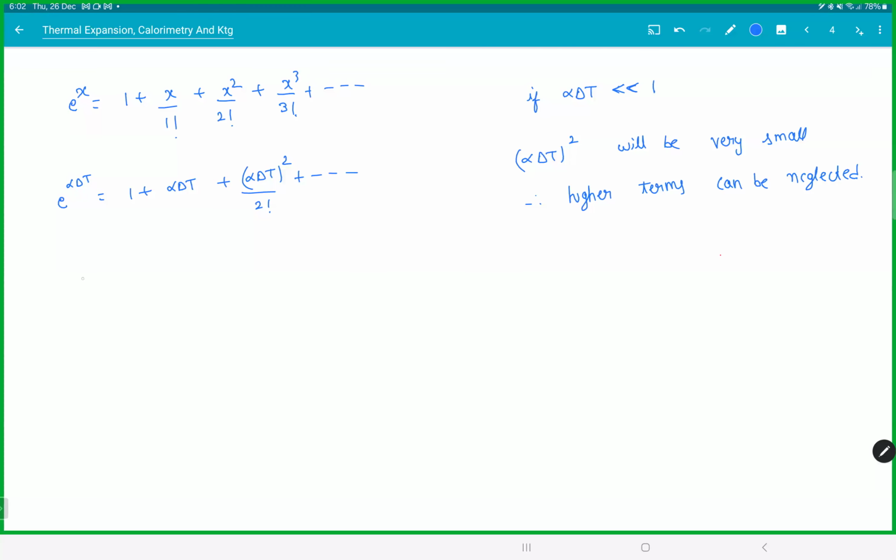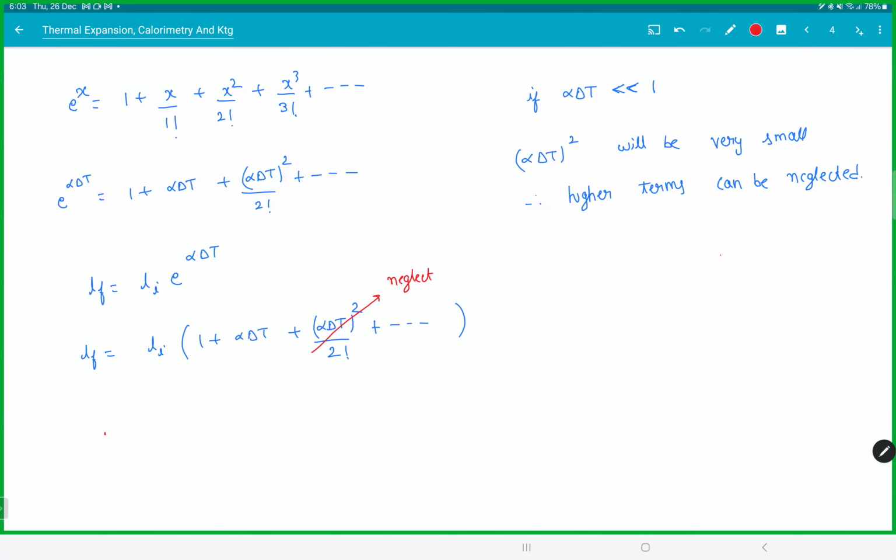Then your formula becomes, L final is L initial e power alpha delta T. This becomes L initial times 1 plus alpha delta T plus (alpha delta T) squared by 2, and so on. We neglect this stuff.